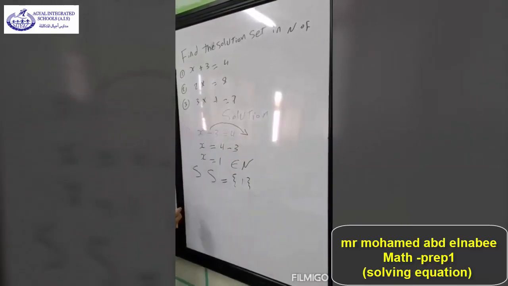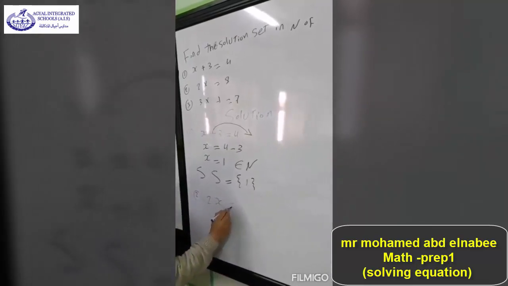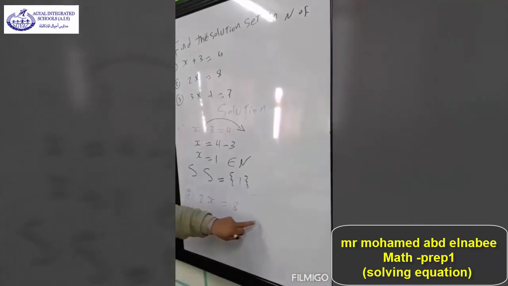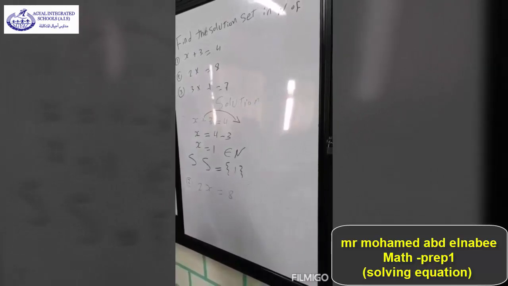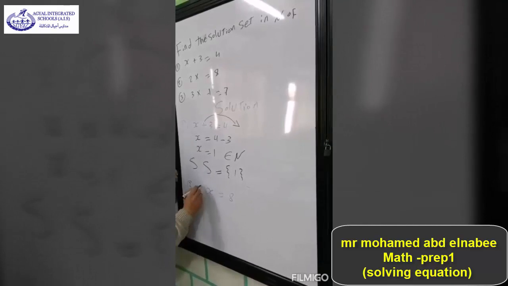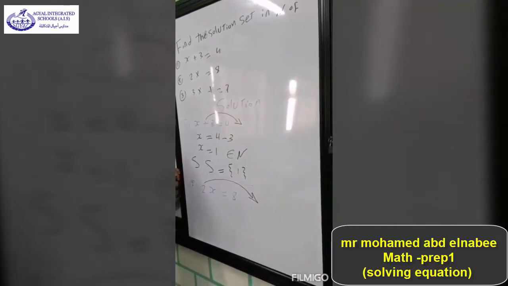Example number 2, 2x. What's the meaning of 2x? 2x means 2 multiplied by x. What is the opposite operation of multiplication? Yes, it's division. So, if we take 2 to the other side, we change the operation.